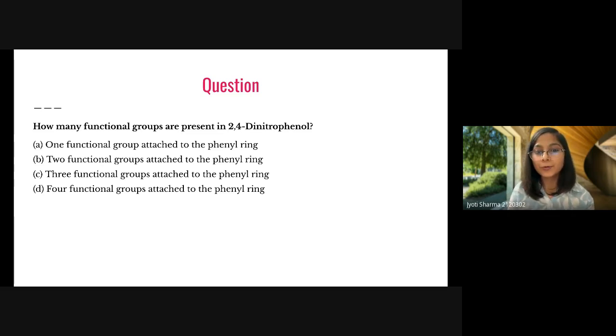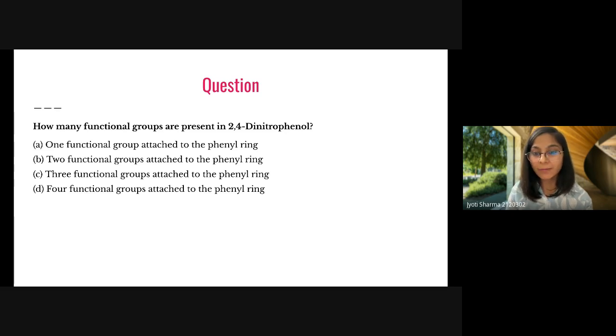Dinitro means you have two nitro groups, right? And phenol, oh sorry, my animation was on, so that's why this balloon goes on. Phenol means you also have the hydroxyl group, right? So you have three functional groups: two nitro groups and one hydroxy group.